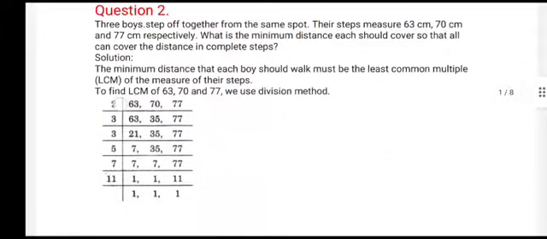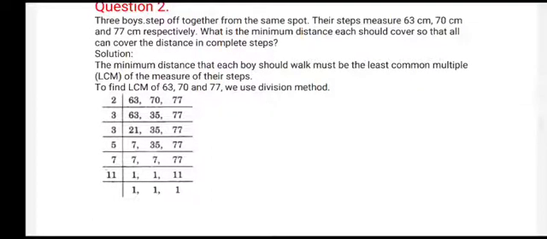Now for question 2: 3 boys step off together from the same spot. Their steps measure 63 centimeters, 70 centimeters and 77 centimeters respectively. Students, you have to find the minimum distance. As you have to find the minimum distance, you know this is an LCM based question.